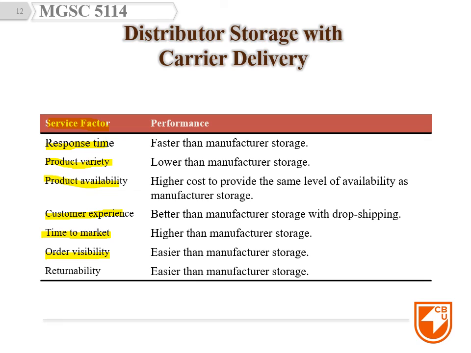You go to your storage or retailer store, you see the product, you pick it up. So it's a little bit easier than manufacturer's storage. And returnability is also easier because you see a physical place where you can return the product. You see a retailer or warehouse storage. So it gives you the power to return the product much more easily than previous options.